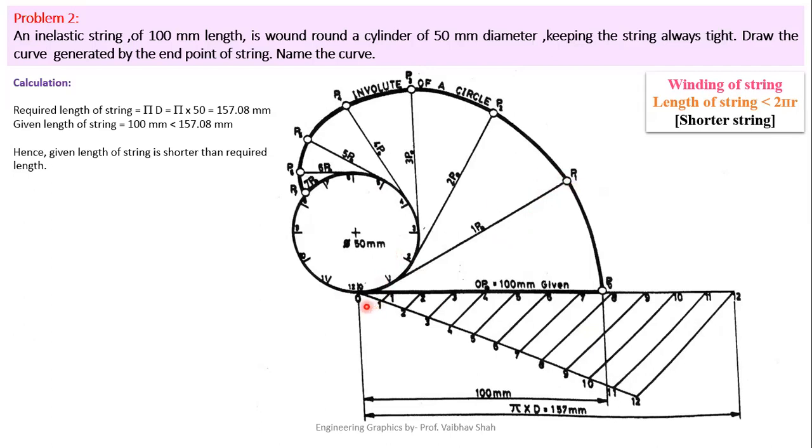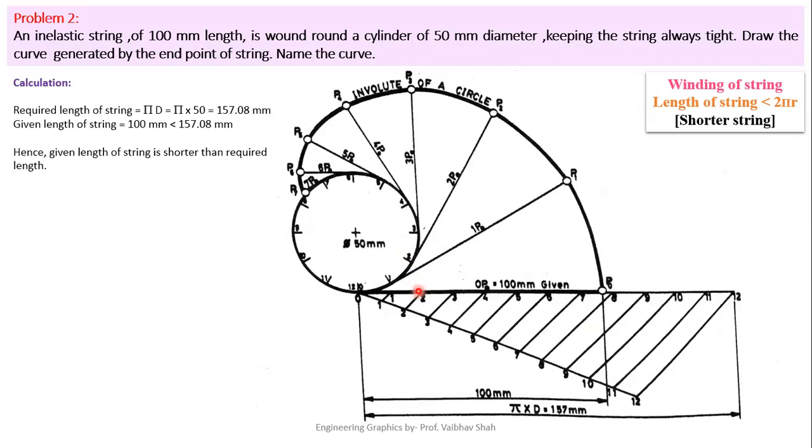Now if we try to wound the string from 0 to 2, total string wound around the circle would be from 0 to 2. The length of string would be utilized from 0 to 2. So we'll be having a remaining length of string which is available to us, which is from point number 2 till your point P0, because we have wounded down the 0 till 2 string on this circle.